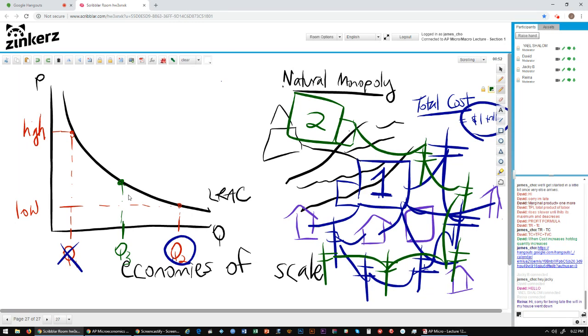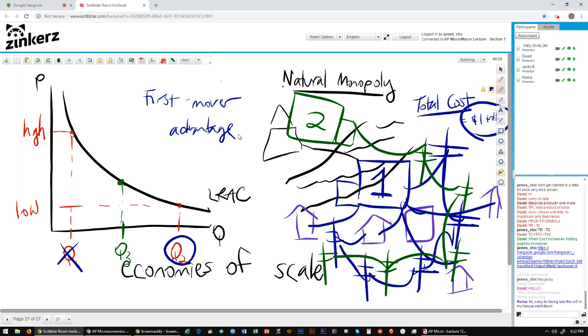So you could not have many electricity companies because then both companies will lose money, to the point where both would go out of business, and then this city would have no electricity whatsoever. So it only makes sense for one big company to survive. This is something that we call first mover advantage. I'll jot it down here.